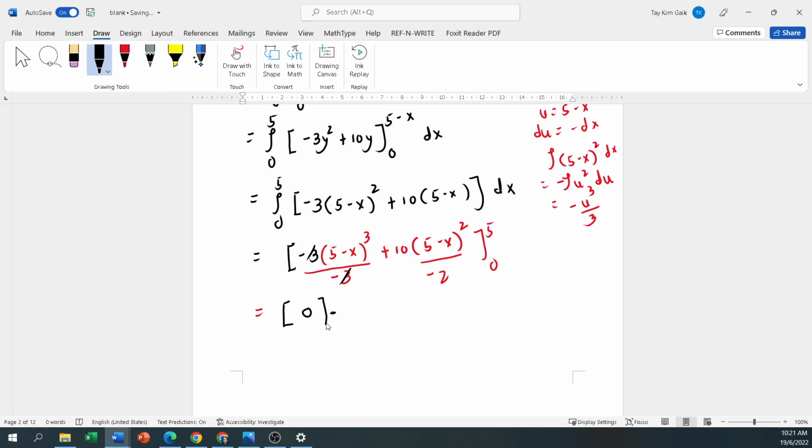So upper limit, when you plug in x equal to 5, you get everything 0, because 5 minus 5 is 0. So minus, when you plug in x equal to 0, this is 5 cubed. And then we simplify here, negative 5, so this is 5. How come the answer 0? 5 cubed, 5 cubed. The answer 0.